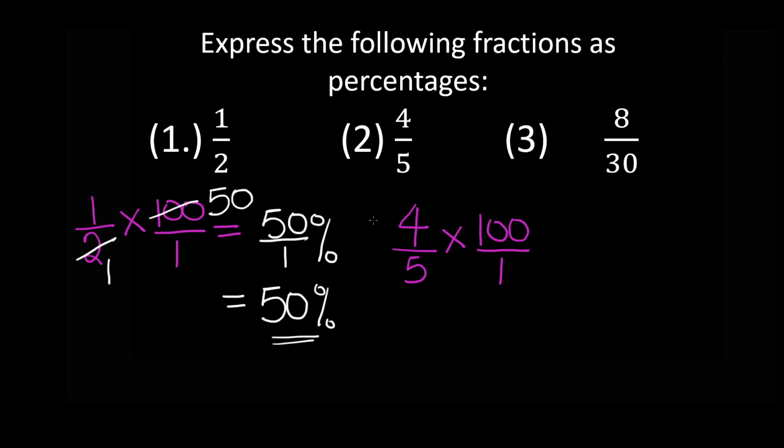So what is the next thing to do? Let us multiply out. We can use the cancellation method right here because 5 can go in 5 and it can also go in 100. So I will say 5 here, 1, and 5 in 100.